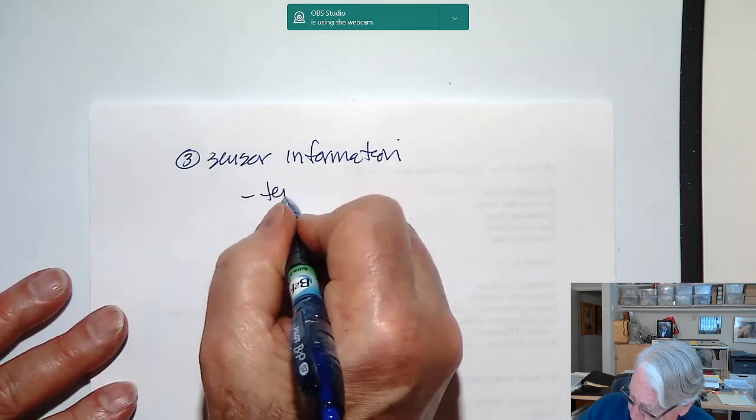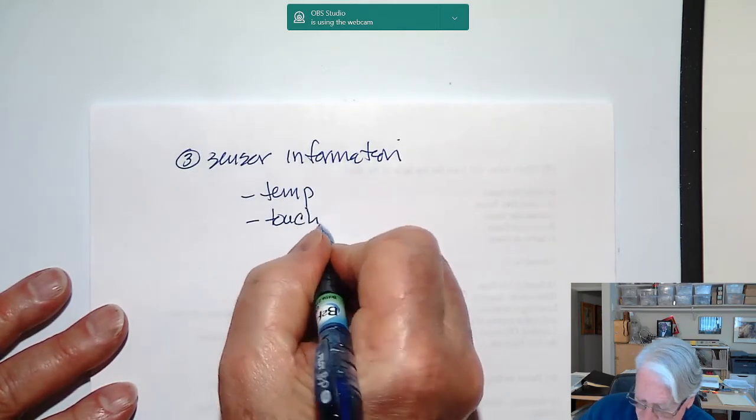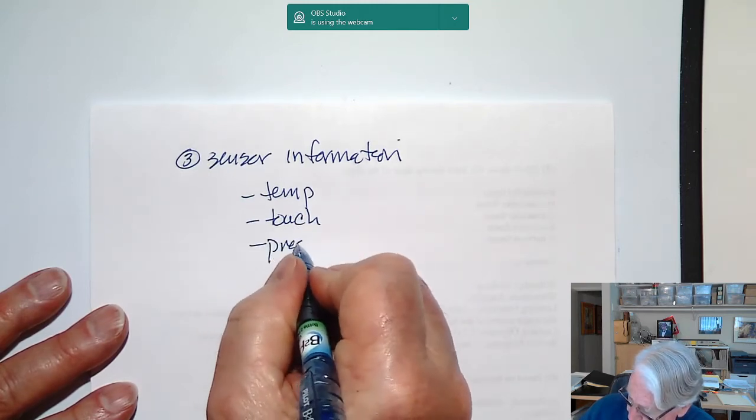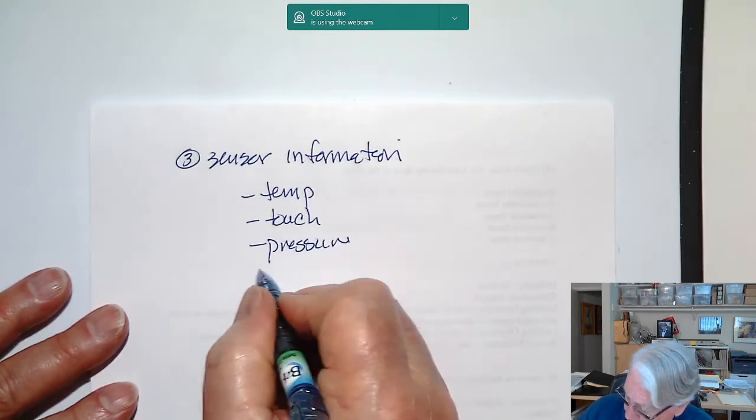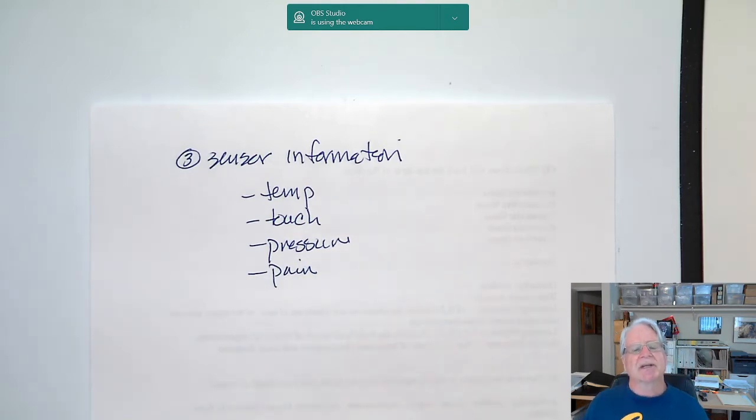So things like temperature, touch, pressure, pain, and a number of other sensory modalities, all of which are important to give us information about what's going on in the world around us, and for us to be able to respond to changes in that environment. So all of this information can come in through the skin.